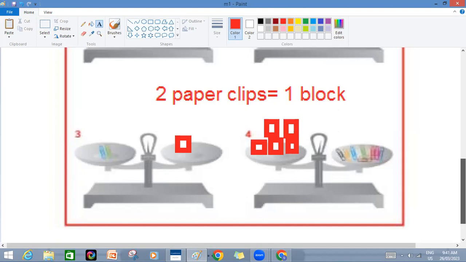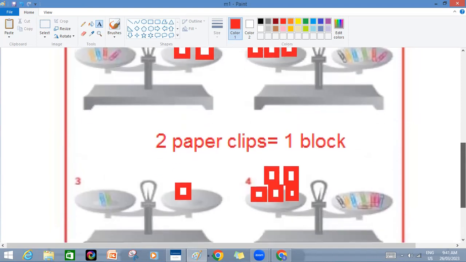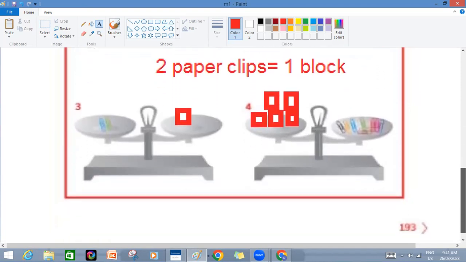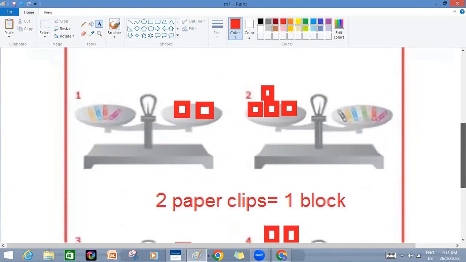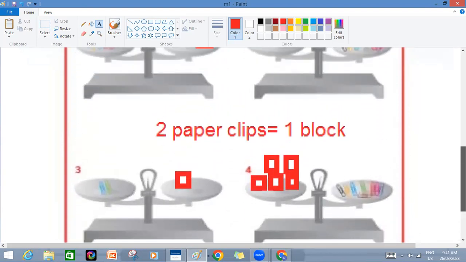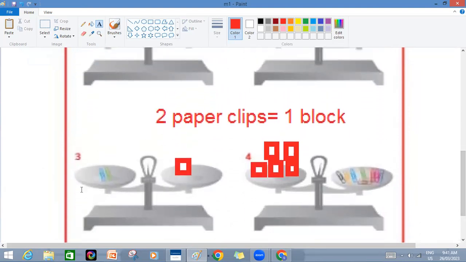We have to put the same amount of thing on both sides of the scale in order to make it balance. Okay, look here. Here were 4 paper clips, so we put 2 blocks. Here were 8 paper clips, so we put 4 blocks. You can also think of half: half of 2 is 1, half of 10 is 5.